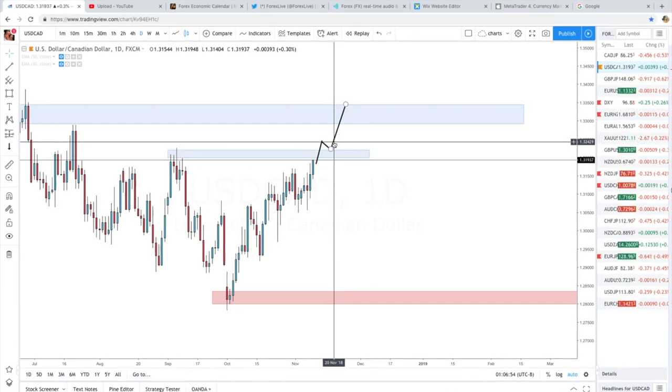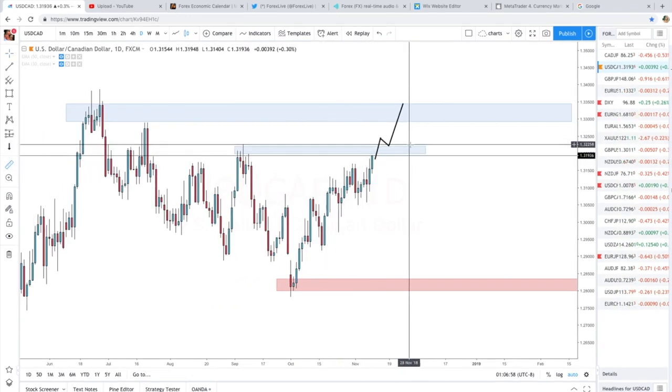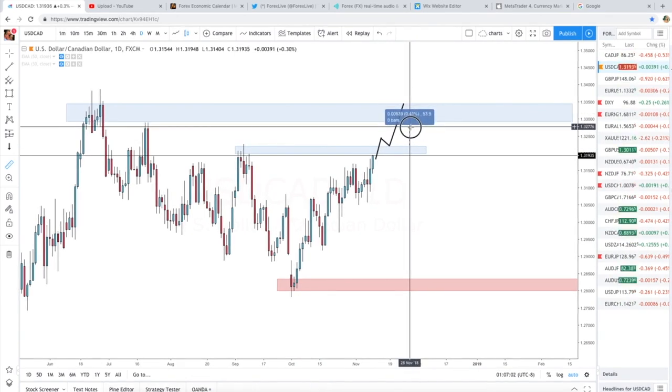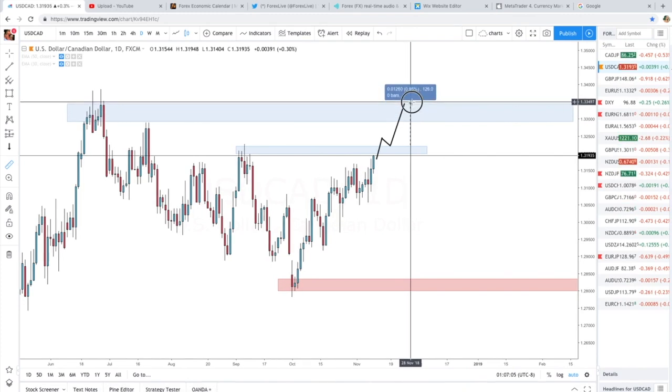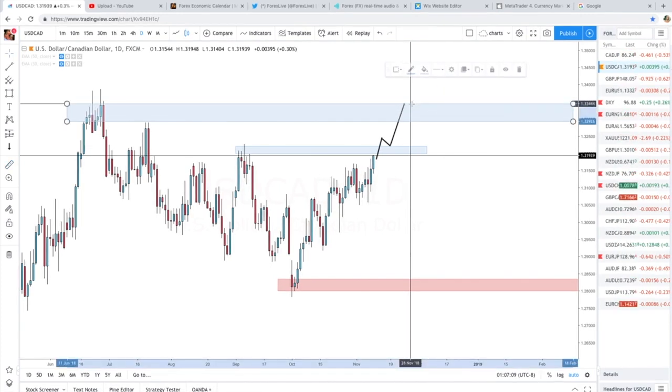Then we can buy and go and take profit at our next resistance. So we could probably take this trade for about, I'd say 50 to 120 pips.